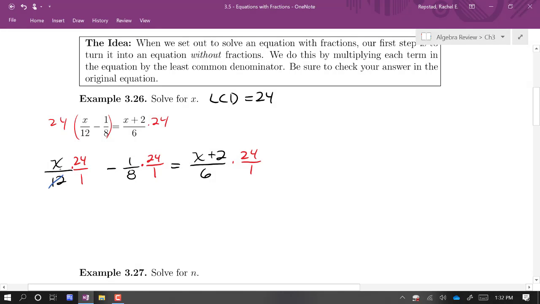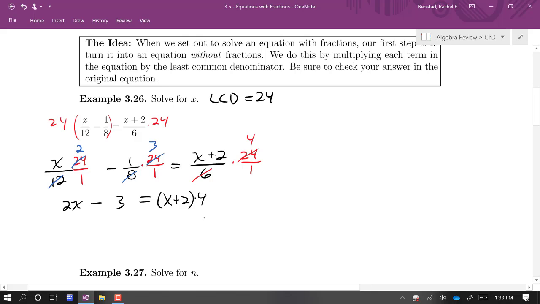So 12 goes into 24 twice, and this first term becomes just 2x. The denominator is 1 now, right, because it cancels, so I don't have to write it as a fraction. 8 goes into 24 3 times, and so that second term becomes just 3, and 6 goes into 24 4 times, and so the right side becomes x plus 2 times 4.